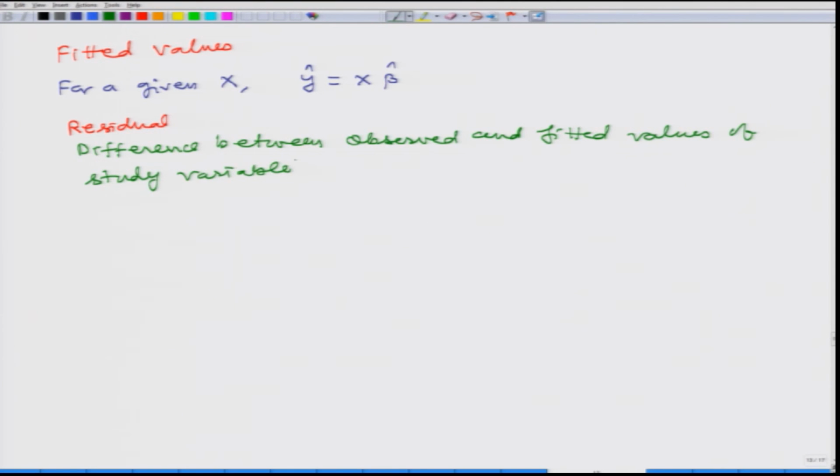Exactly on the same lines, I can define it here as epsilon hat, which is the difference y minus y hat.